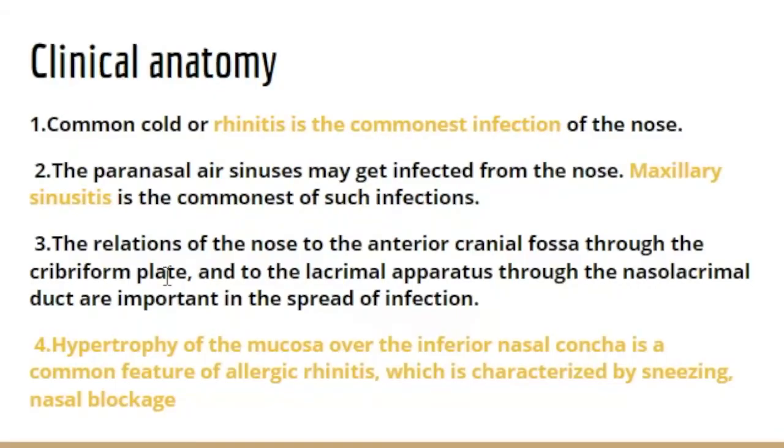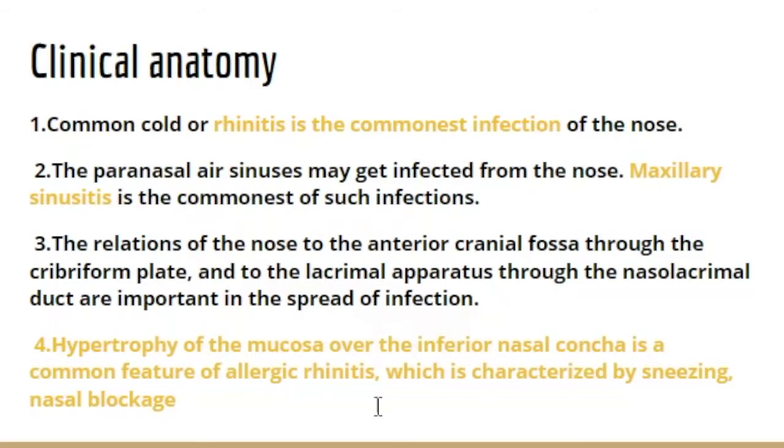Let's just quickly go over the clinical anatomy relevant to this. So the first thing we see is that common cold or rhinitis is the most common infection of the nose and usually results in the hypertrophy of the mucosa over the inferior nasal concha.